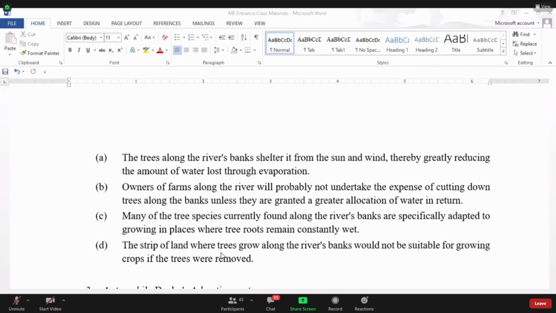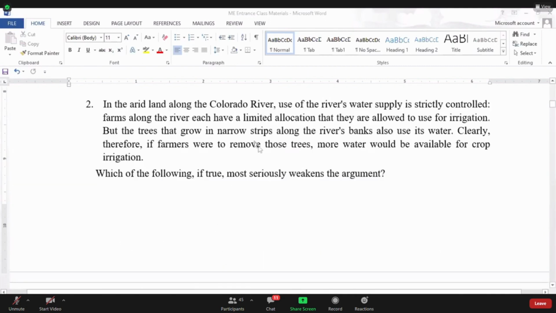It doesn't talk about irrigation. It hasn't linked with irrigation. But our conclusion is: for crop irrigation, trees should not be removed. This is the main idea.